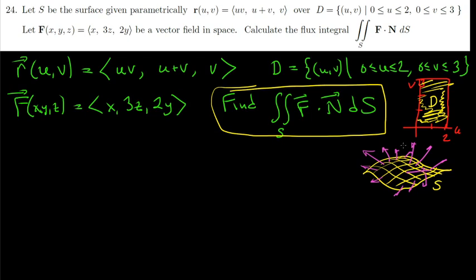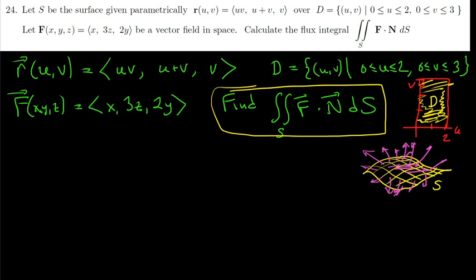So we want to calculate the total flux integral here: how much of the vector field is passing through the surface. If the vector field is just going across the surface, then we know the flux is 0. The flux could also be 0 if you have a positive vector field above and negative below, and they cancel each other out.